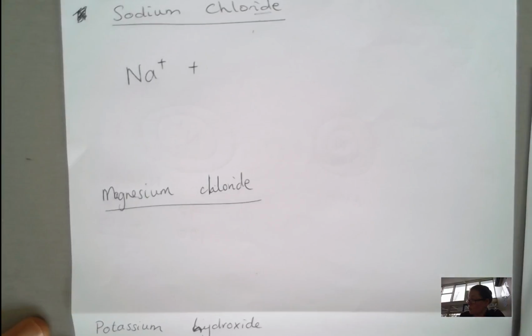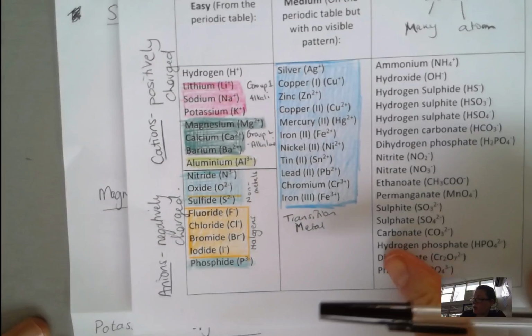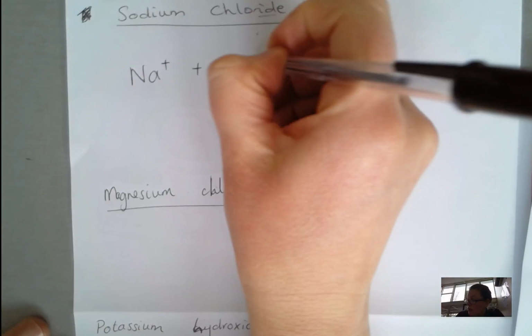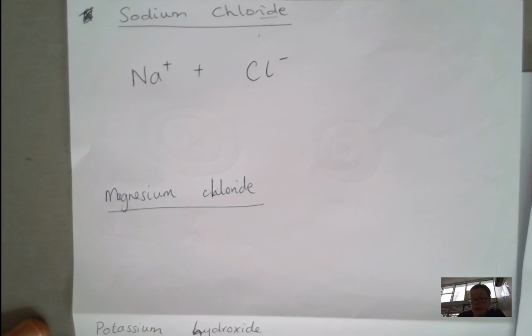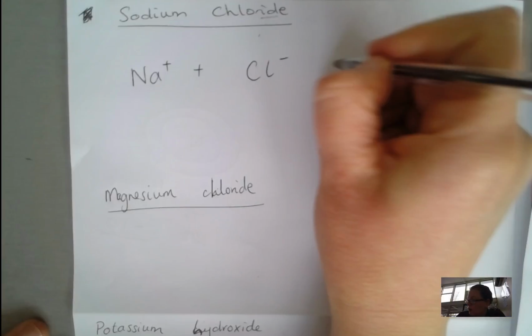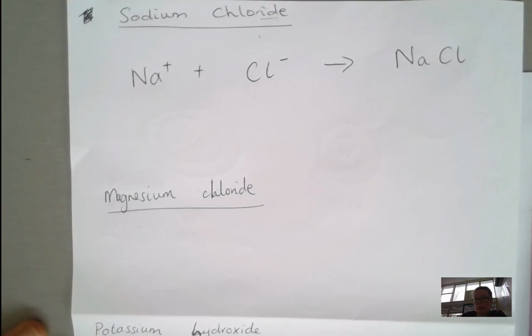Chloride is negative 1. So in order to make this ionic compound, sodium chloride, which is just table salt, we only need one of each. So the symbols would just be that.